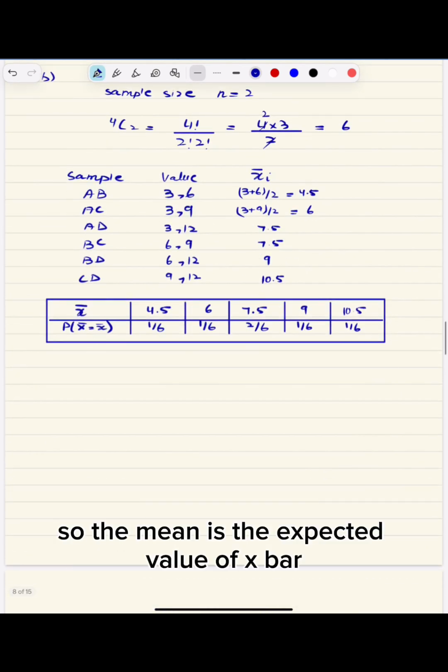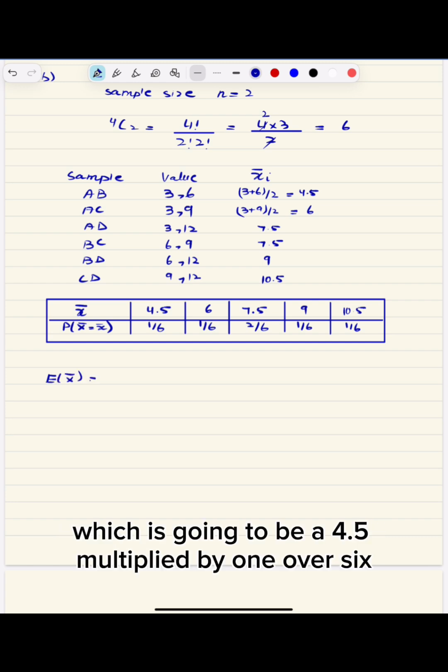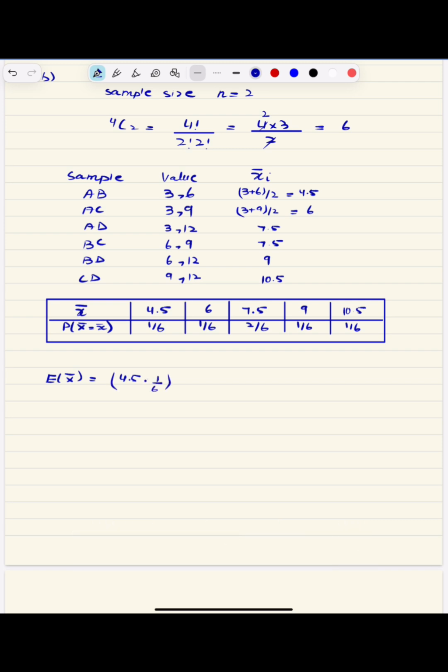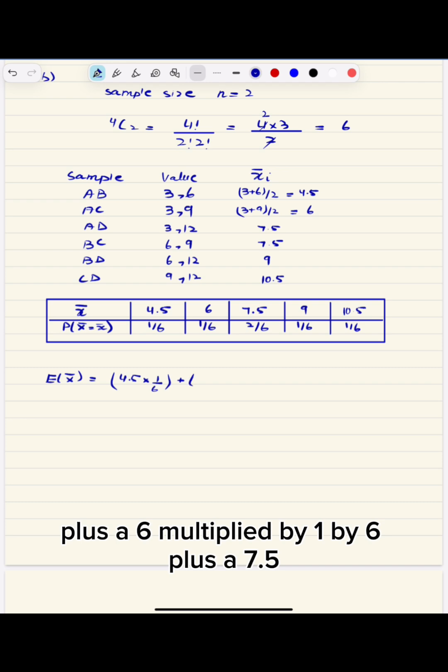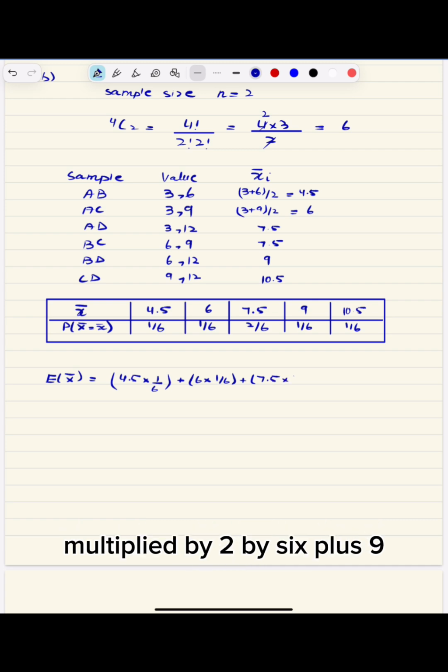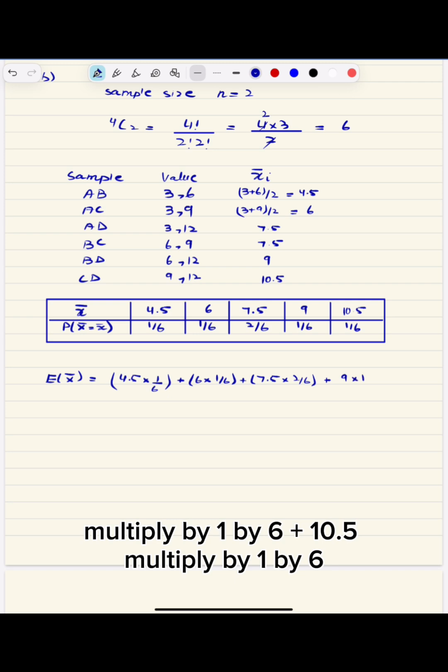So the mean is the expected value of x bar, which is going to be 4.5 multiplied by 1 over 6 plus 6 multiplied by 1 by 6 plus 7.5 multiplied by 2 by 6 plus 9 multiplied by 1 by 6 plus 10.5 multiplied by 1 by 6.